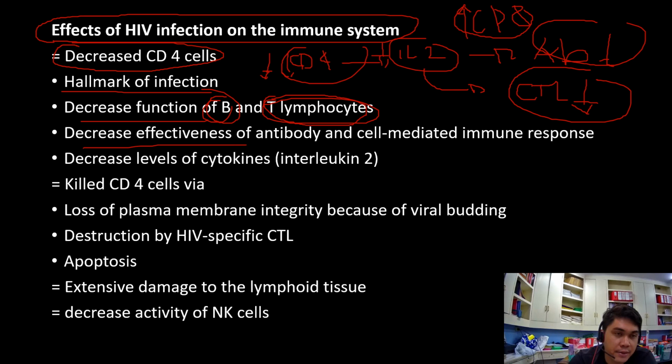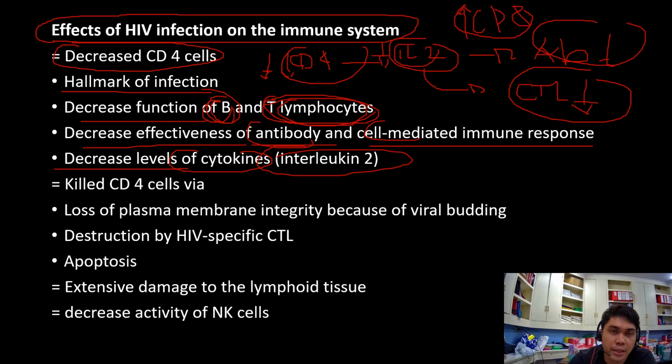Decreased effectiveness of antibody and cell-mediated immune response. So B is antibody, T lymphocyte, that's your cell-mediated immune response. And there are decreased levels of cytokines. Example, you have your interleukin 2.